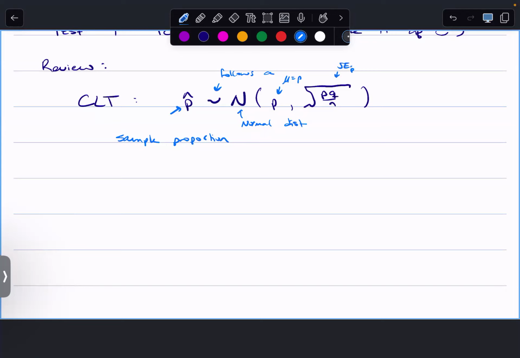Standard error of p hat is the square root of pq over n. We introduced this idea of the standard error.